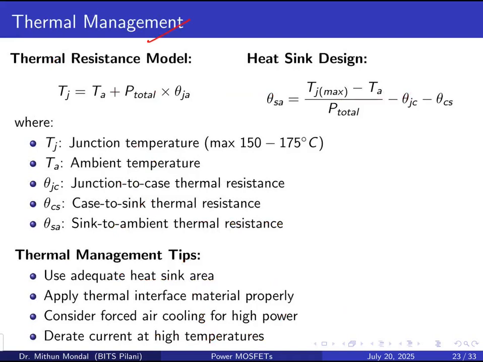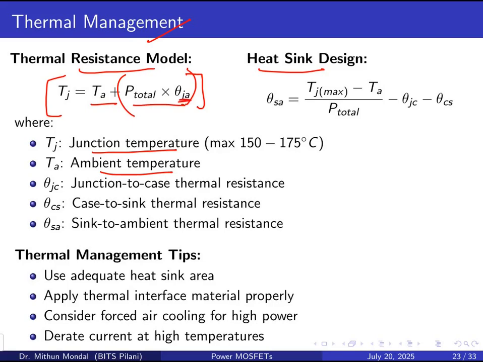Thermal management is also important. So we have the thermal resistance model and heat sink design. In the thermal resistance model, we have the formula TJ, which is the junction temperature, equal to TA, which is the ambient temperature, plus the product of the total power into theta JA.